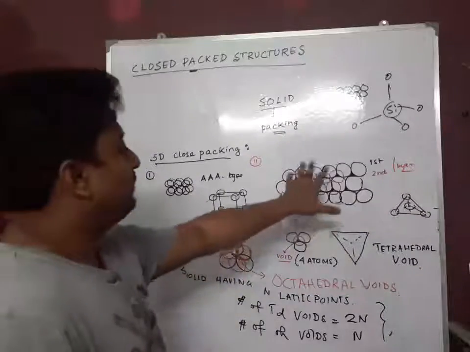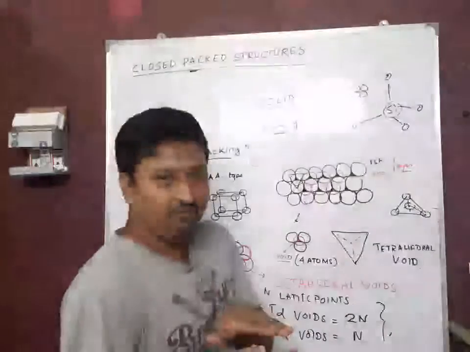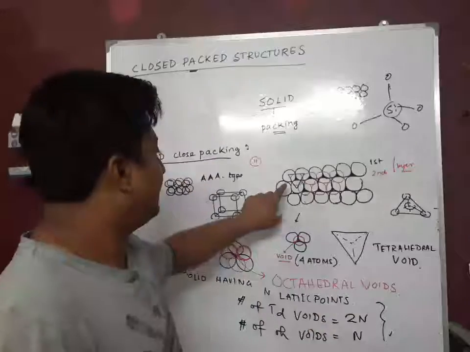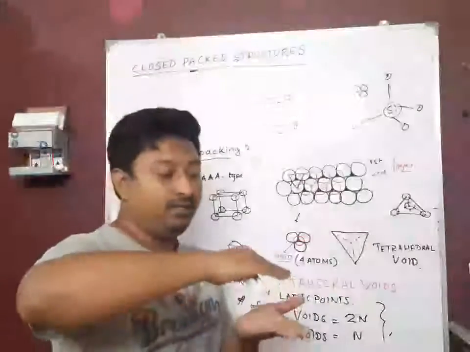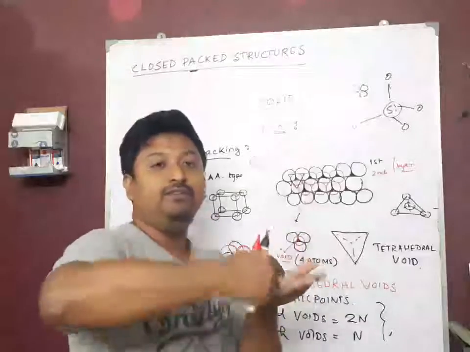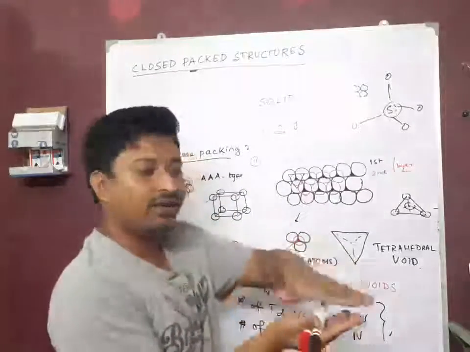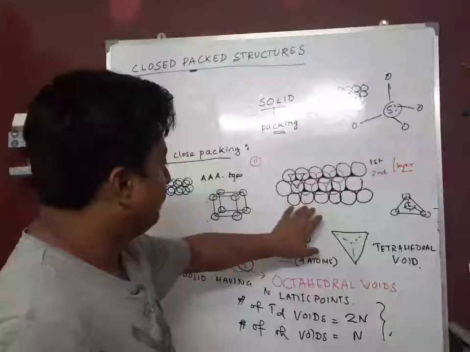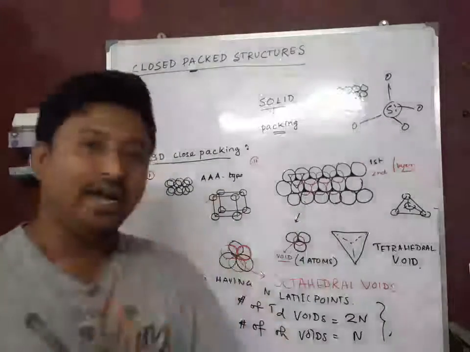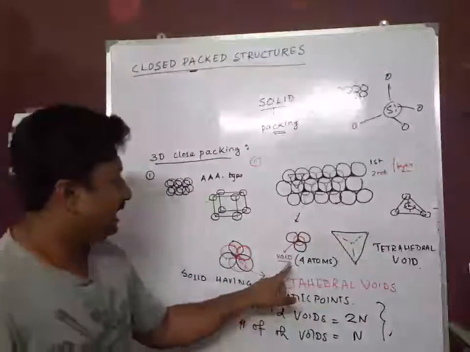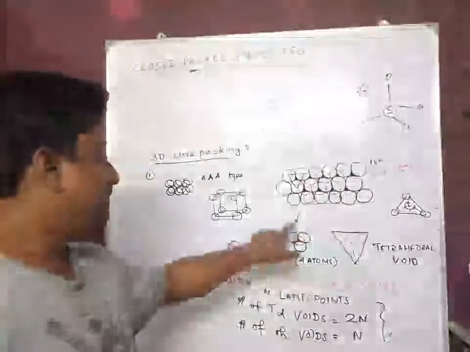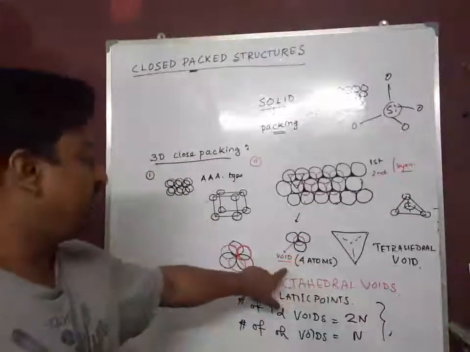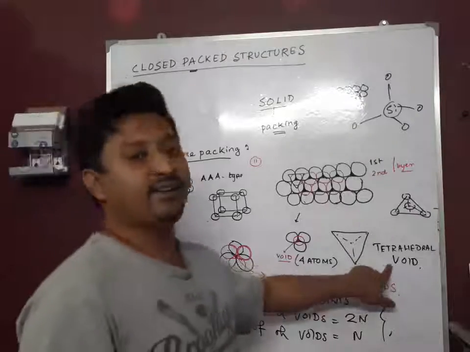If these two layers combine with each other, each next layer will follow the previous layer's void region. Now from this you will observe 2 kinds of voids. Number 1, a void surrounded by 4 atoms, which is known as the tetrahedral void.